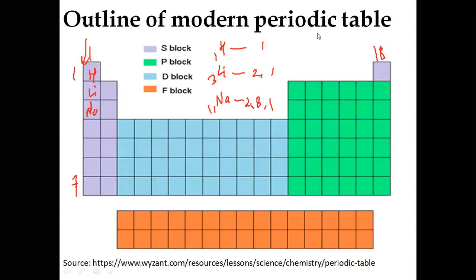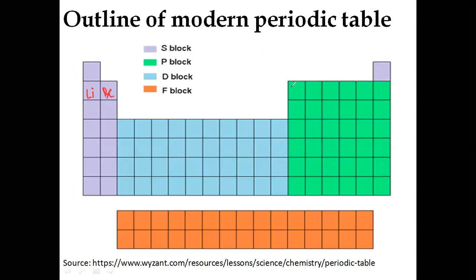Similarly, you can see this period: lithium, then beryllium, then boron, and so on. Lithium has atomic number 3, so its configuration is 2, 1. Beryllium will be 2, 2.